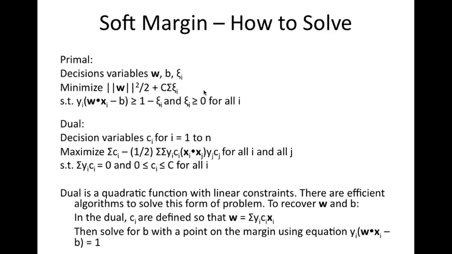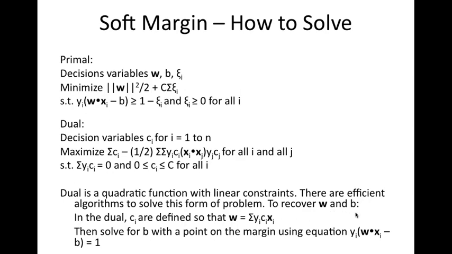So that is really the trade-off between the dual and the primal. We go from minimization to maximization, and there's a switch in the level of complexity between the objective function and the constraints. Now for the dual, this is a quadratic function with much simpler linear constraints, and there are efficient algorithms to solve that form of problem. Note also that we end up getting the values of the c sub i.